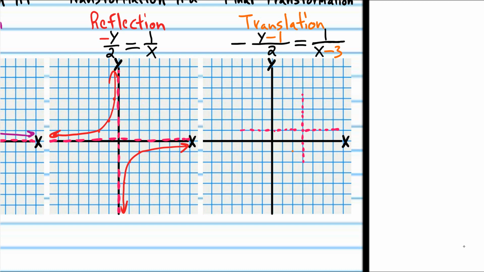And so our new asymptotes are there. If we remember, we can just take a point, for example, (2, -1).